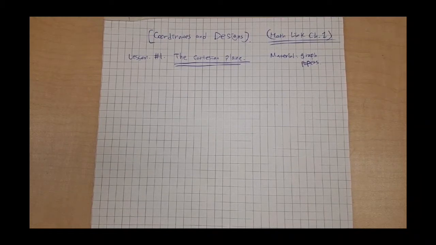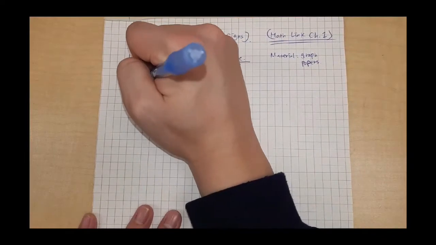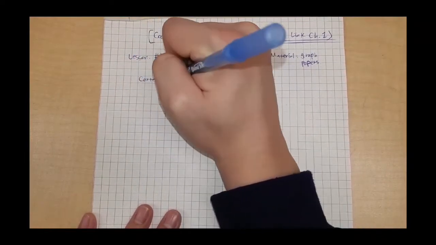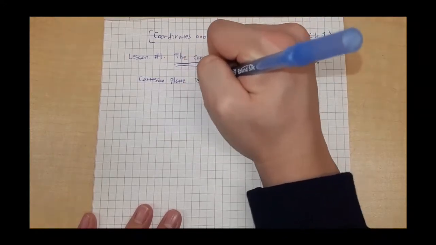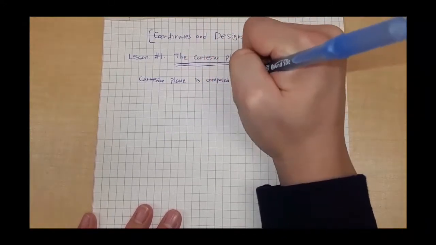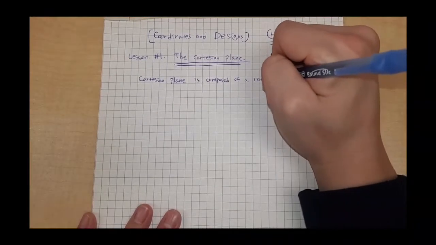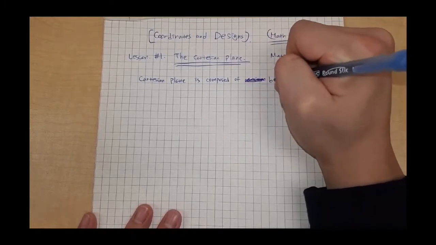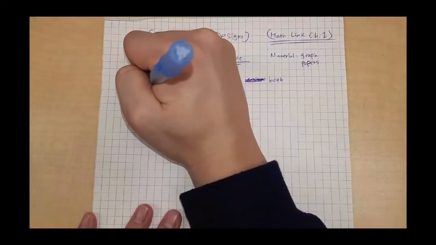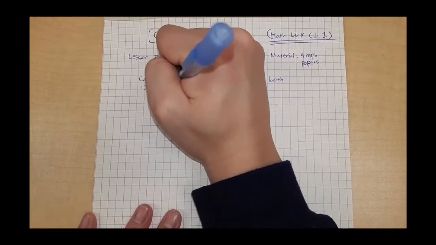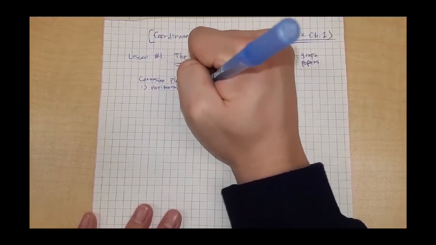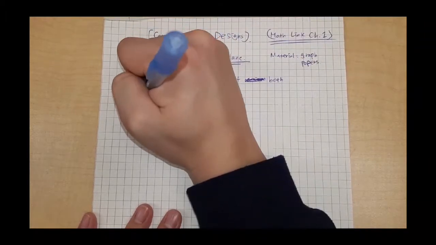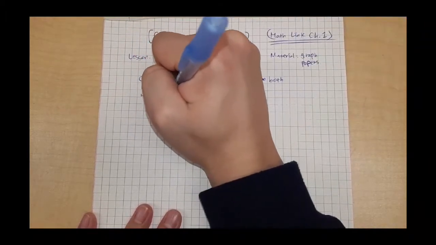Cartesian plane is basically a plane that is formed when a horizontal and a vertical number line cross. So the Cartesian plane is composed of a combination of both a horizontal number line and a vertical number line.